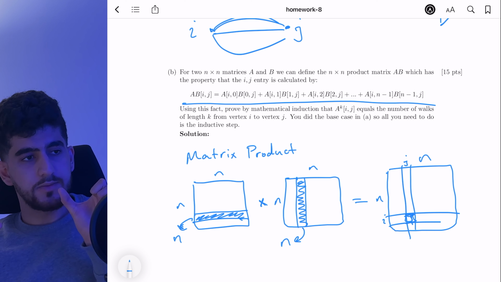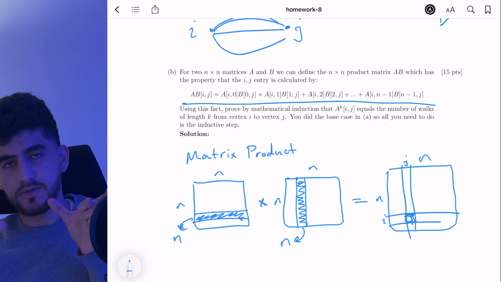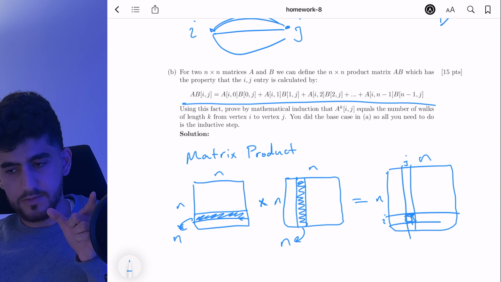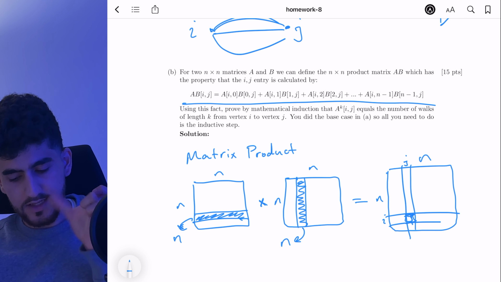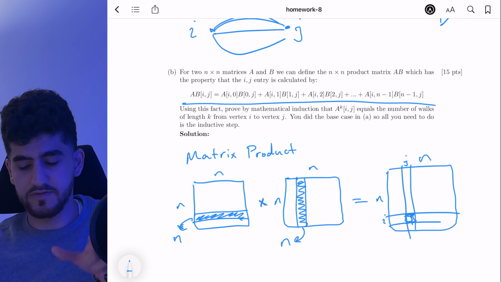You just multiply the first number from here by the first number from here, the second number from here by the second number from here, and the nth number from here by the nth number from here.